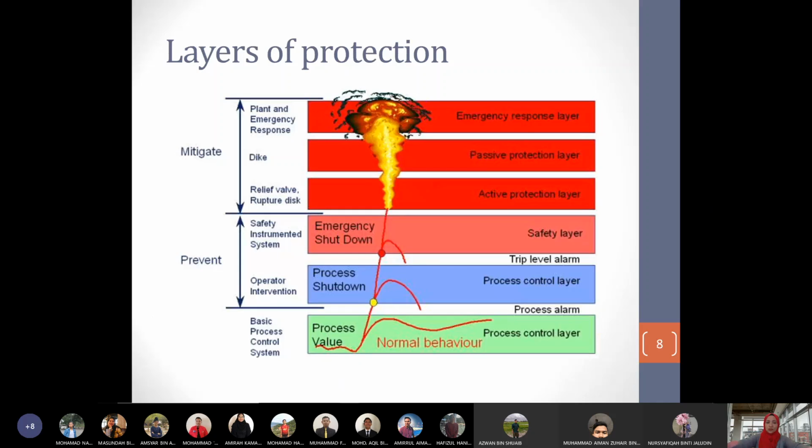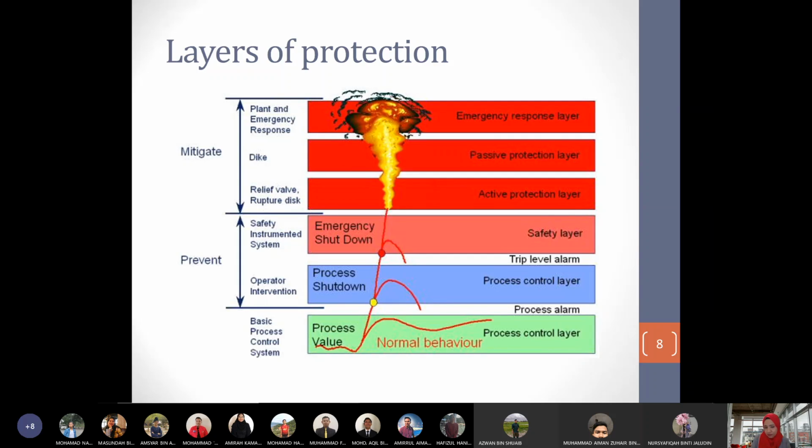So if you look at layers of protection in this form, at the very bottom of the layer, or the core, would be the basic process control system, and you have a set process value, for example, set value for temperature, or level, or pressure.